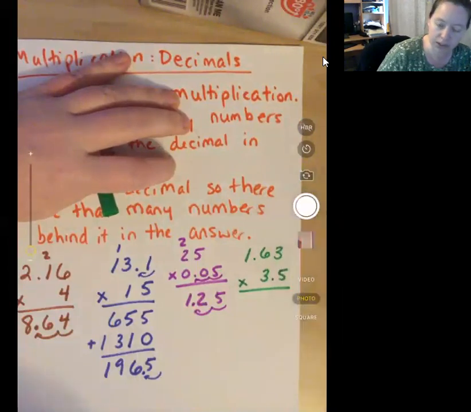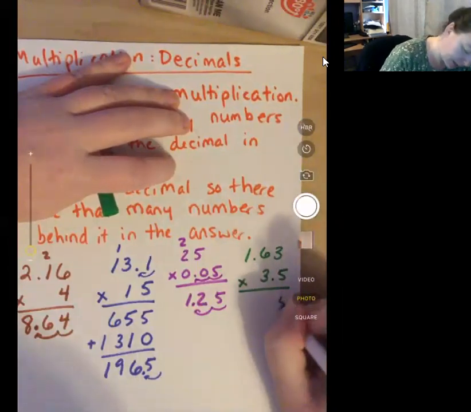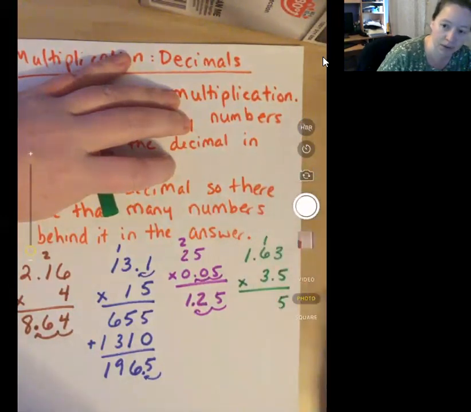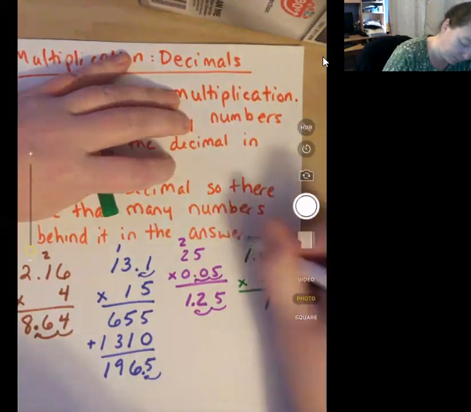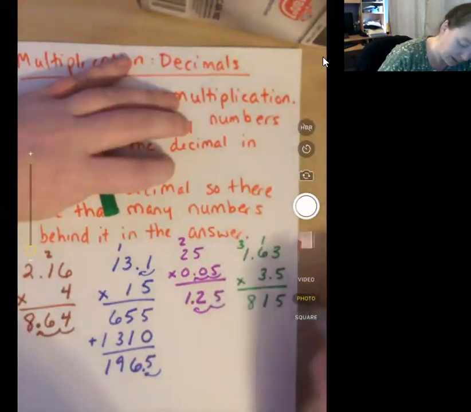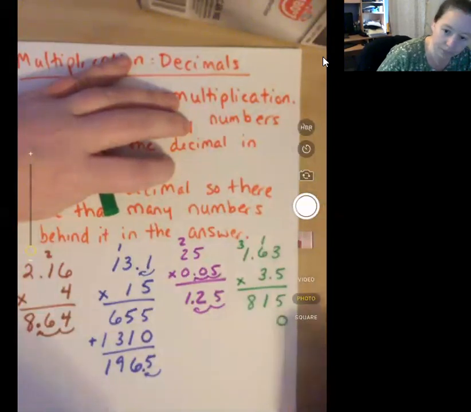5 times 3 is 15. 5 times 6 is 30 plus 1, 31. 5 times 1 is 5 plus 3, 8. Placeholder.